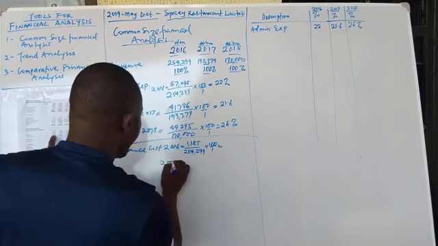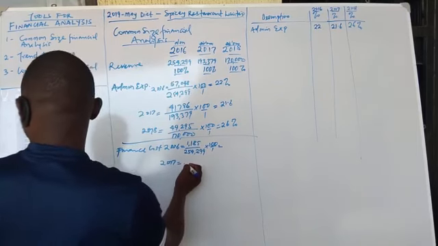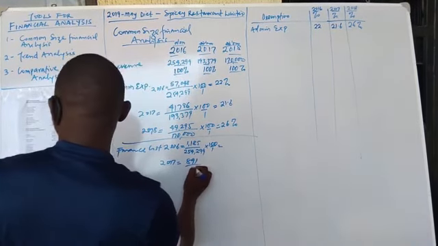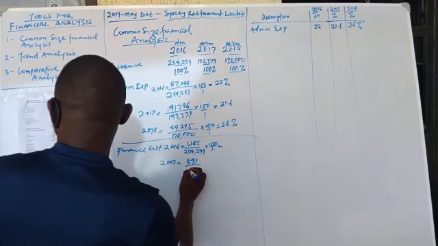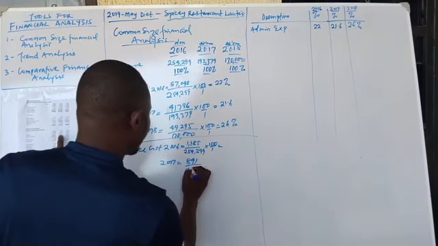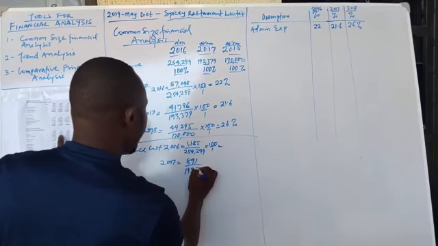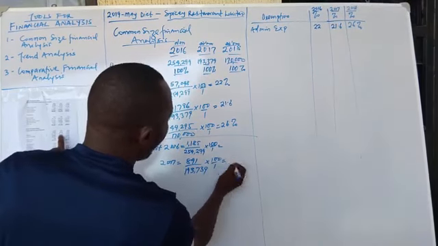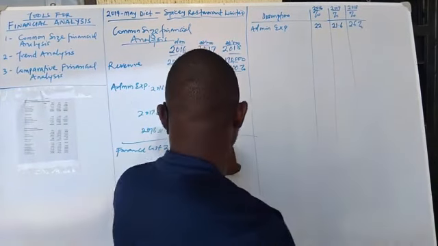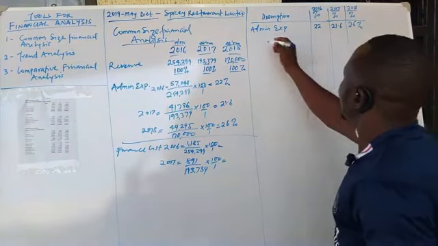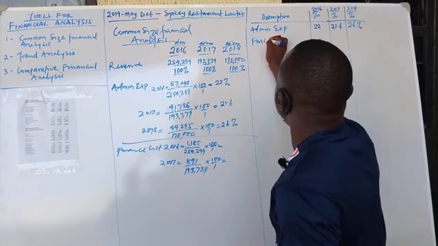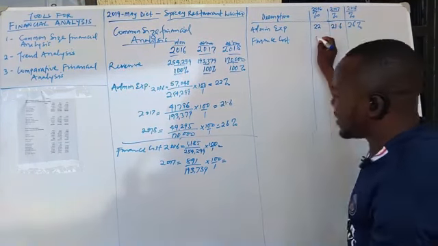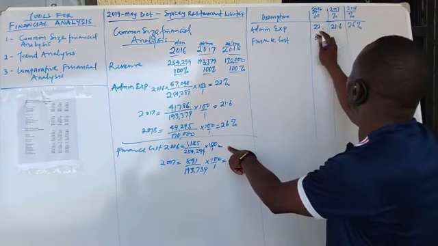For 2017, let me just write this out once and for all. 2017 will be 891 divided by total revenue, which is 193,739, multiplied by 100 all over 1. What will this give you? Let's ask this one first. Finance cost for 2016 is how much? 0.46. Yes.